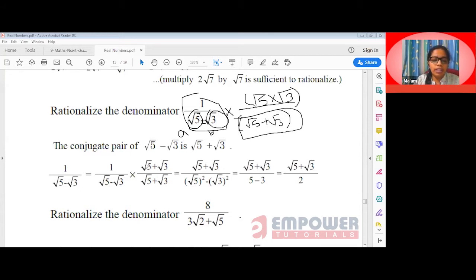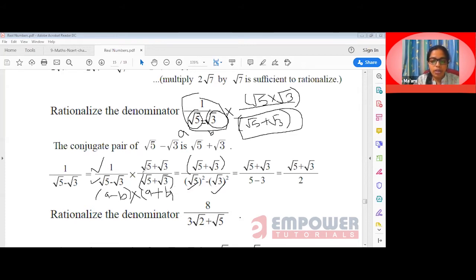So when you multiply it to both your numerator and your denominator, you will get something like this in your numerator. And if you see your denominator, this is a minus b and this is its conjugate pair. So when I multiply these brackets, I will get something like this.